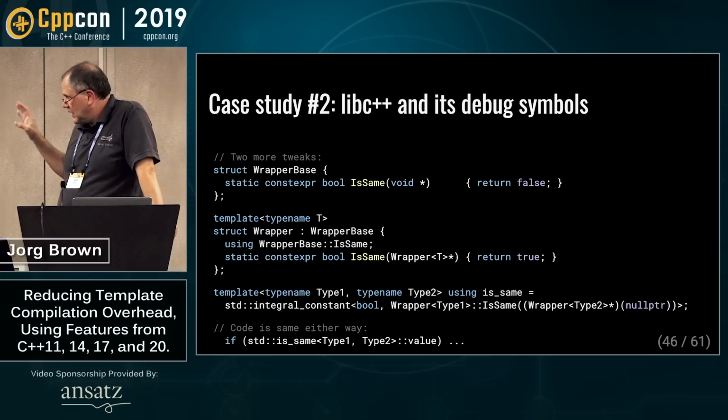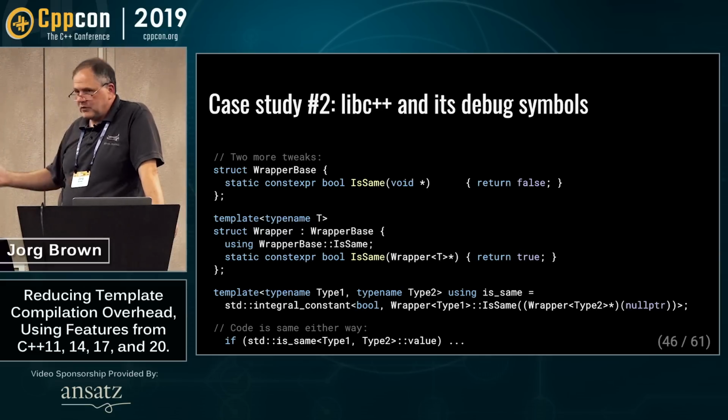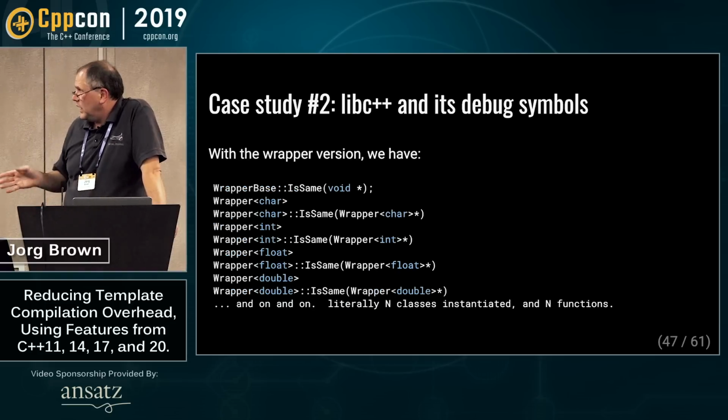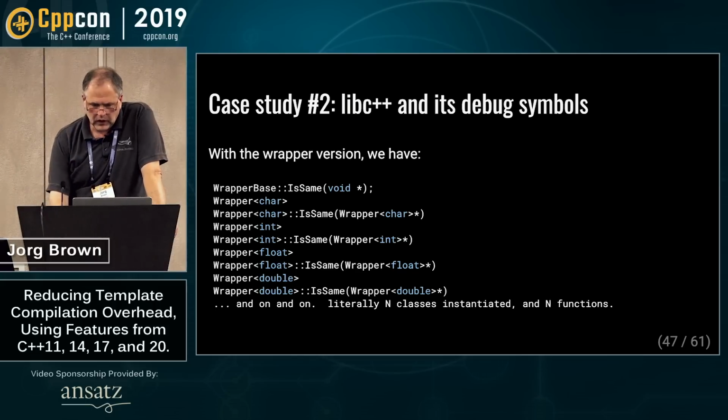So this is a perfect match, and the code comes out exactly the same either way. But now it instantiates far fewer. There's 1 wrapper function for any type, and 1 function inside of that wrapper class for each of those types.